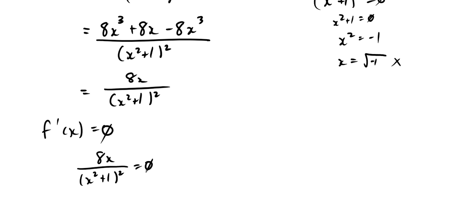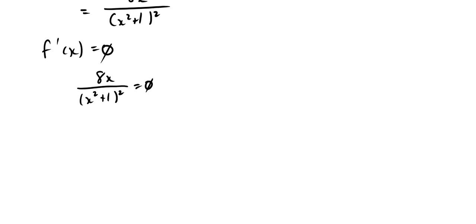It's the whole function equals 0, but I know that can only occur when the top equals 0. And in that case, it's pretty trivial. That's in our interval? Yep.